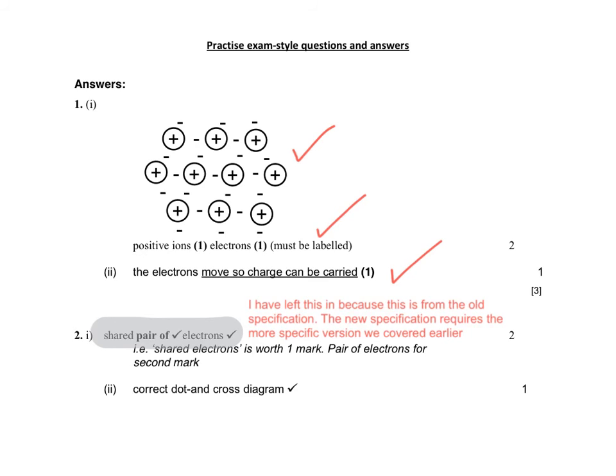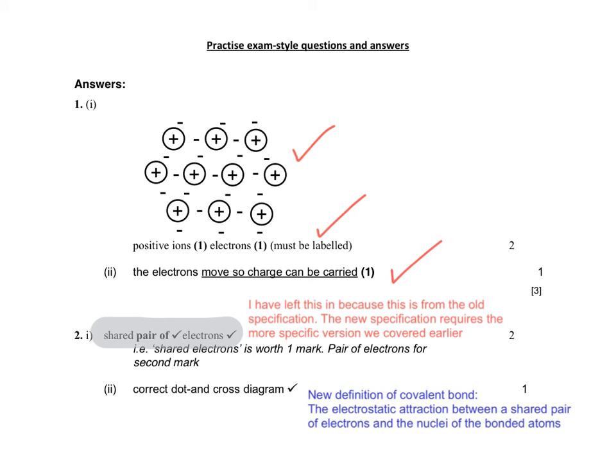The new specification requires more detail. In other words, you need to say the electrostatic attraction between a shared pair of electrons and the nuclei of the bonded atoms. So this is a very important update.